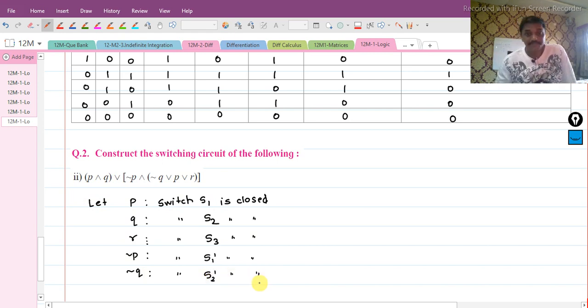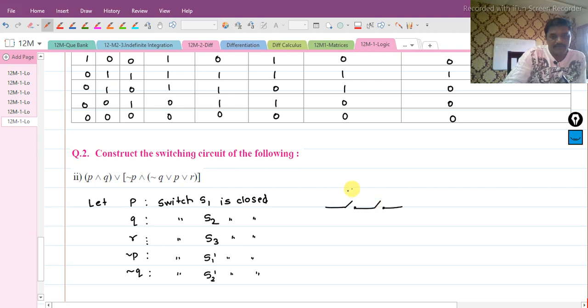इस तरह का होगा. Now what I see here is ANDing of these two. AND मतलब सीरीज सर्किट होगा. So first of all, I'll have the switches S1 and S2, they are in series. अब ये जो सीरीज सर्किट है, this is in parallel with something.